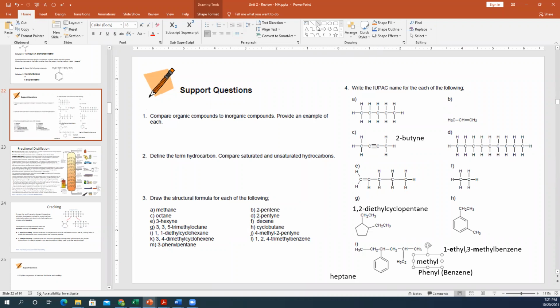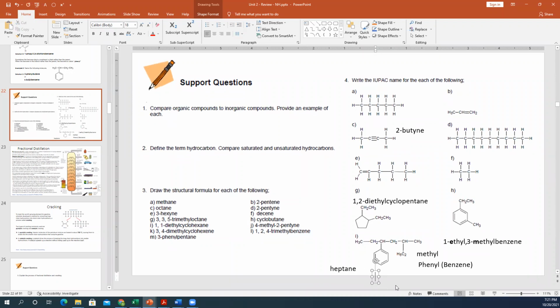Whichever carbon end we start with, is going to be a 3, and then a 5. So we either start at this carbon being 1, 2, 3, or we start at this one being 1, 2, 3. Either way, our attachments are at carbon 3 and carbon 5.